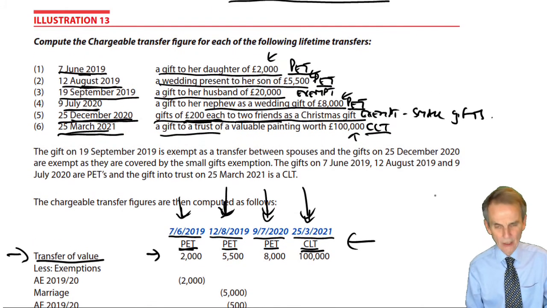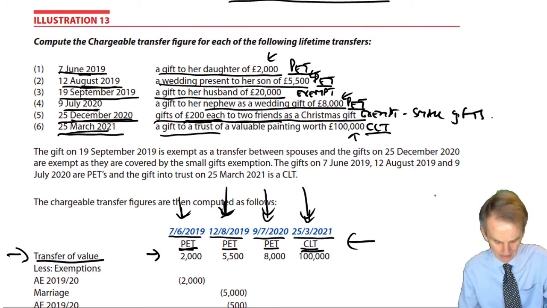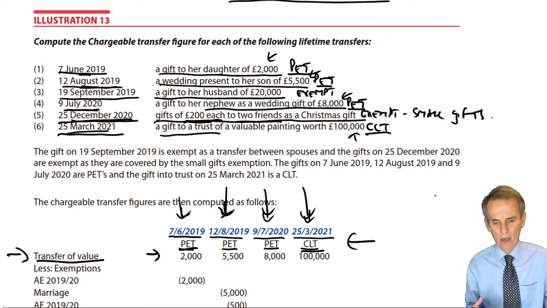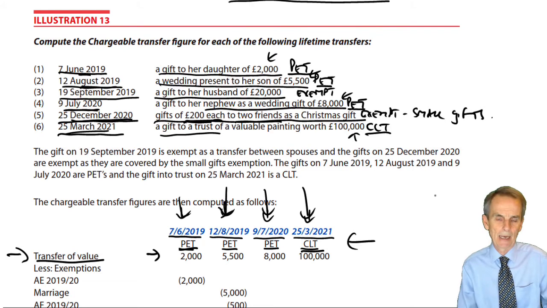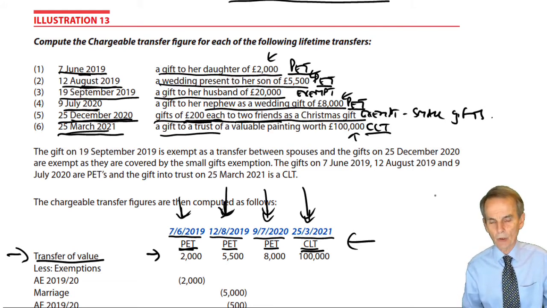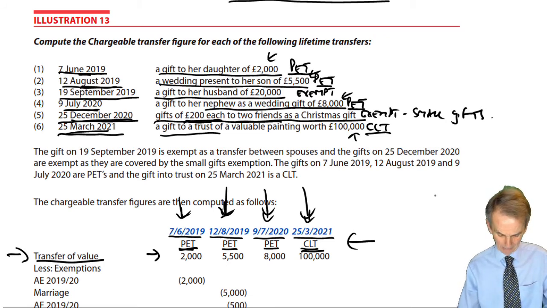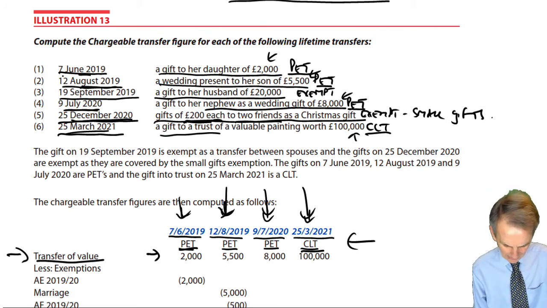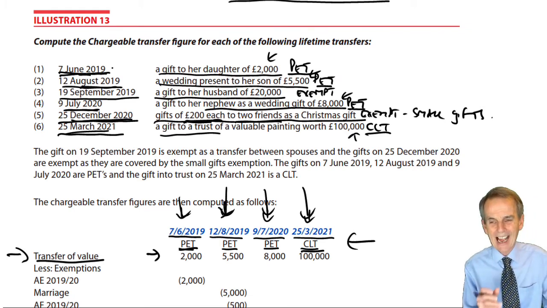Again, as reading the question and knowing what this was all about, you could at the same time, having recognised, are they PETs, are they CLTs, or are they simply exempt transfers? In relation to the PETs and CLTs, have we got an annual exemption to apply? Have we got a marriage exemption to apply? So you got there June 19. Now remember, on the annual exemptions, we go by tax year.